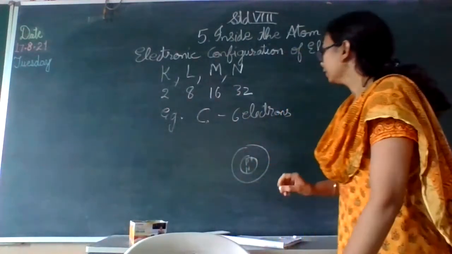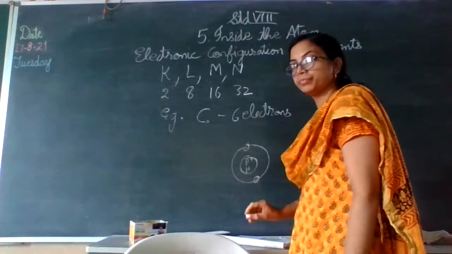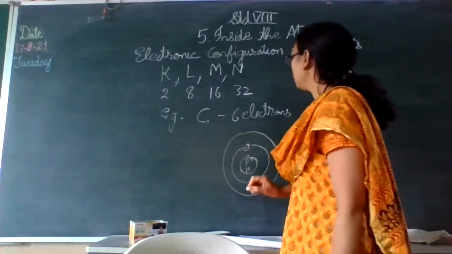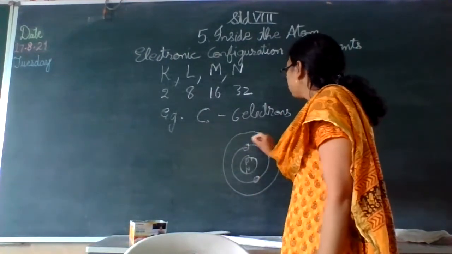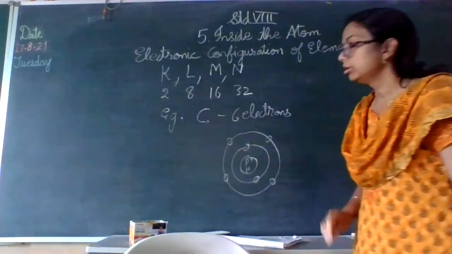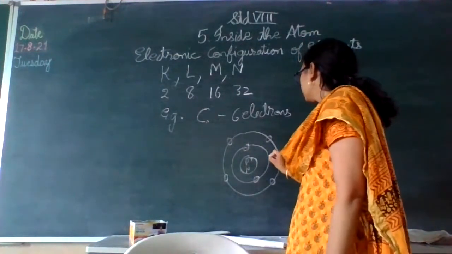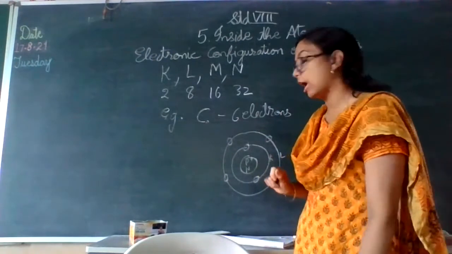The K shell will have 2 electrons. After that, the L shell will accommodate the remaining 4 electrons. So you can understand that the second shell, that is the L shell, is incomplete in case of carbon.